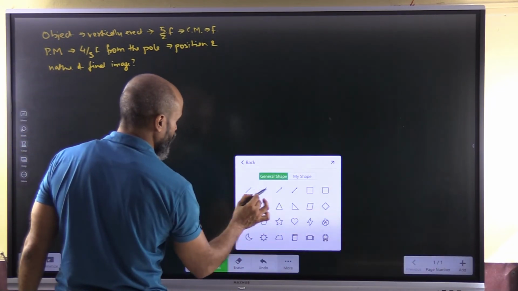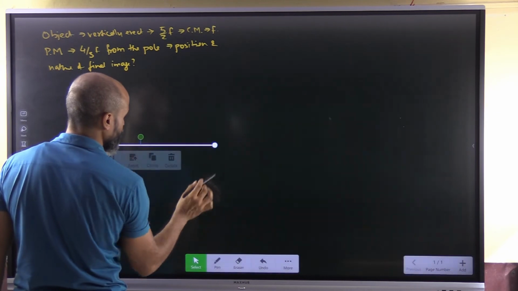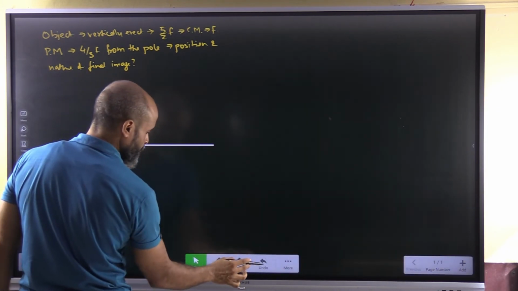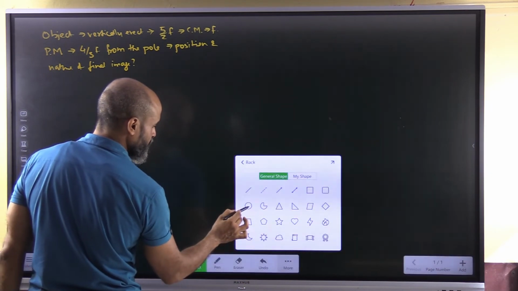So let's quickly draw the diagram here. We have this as the principal axis, or first let's make the concave mirror here.